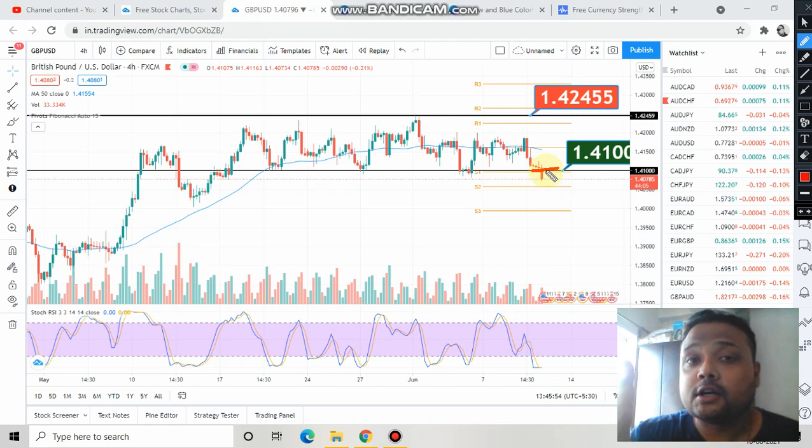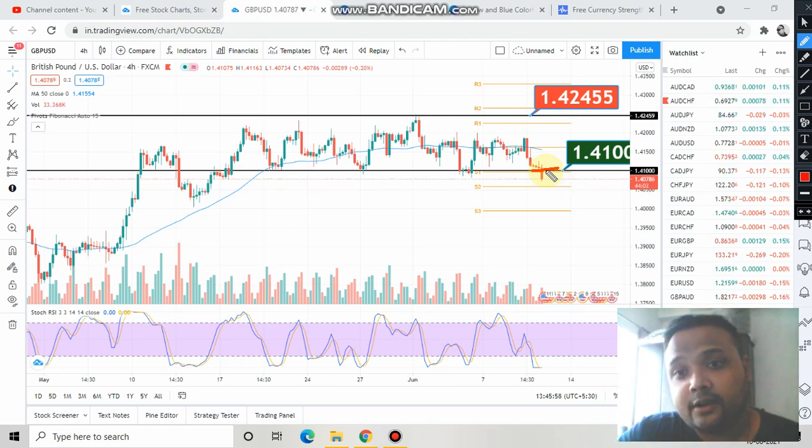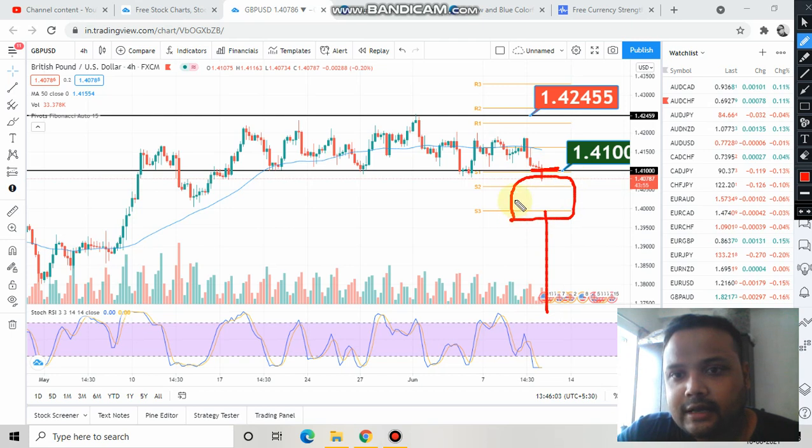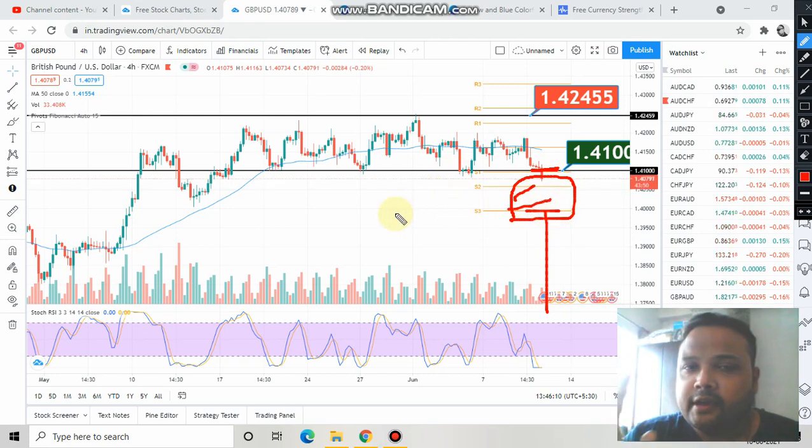If the market closes above this level with good price rejection from below, like a hammer candle, then you can go for a buy order.